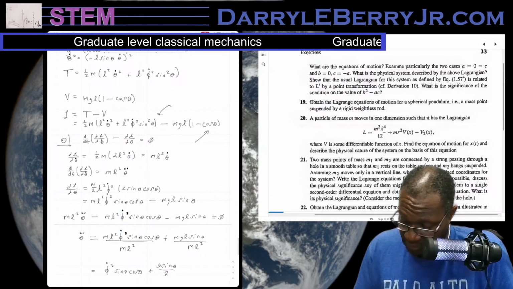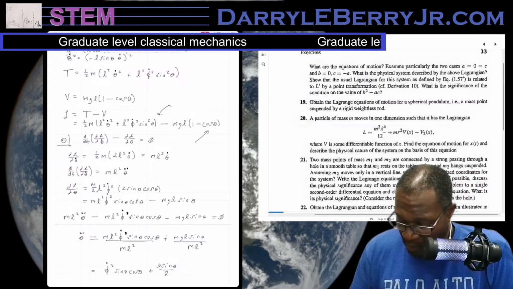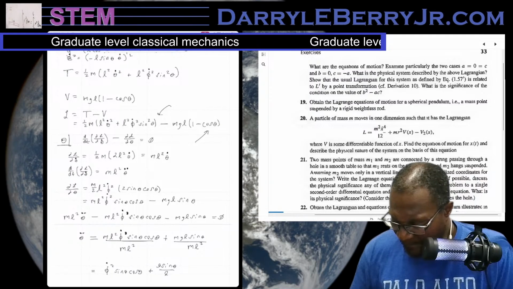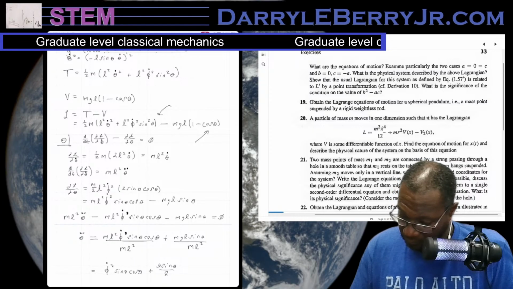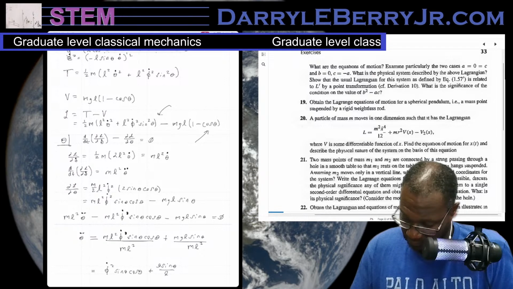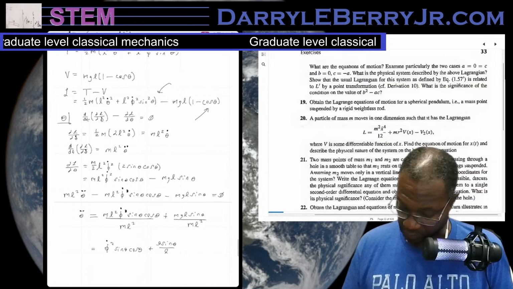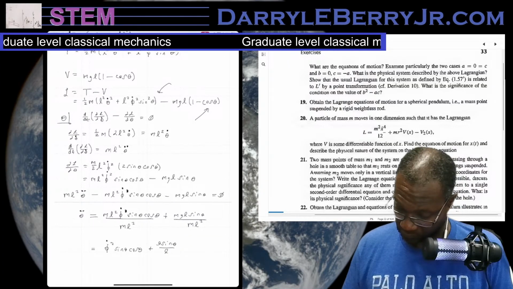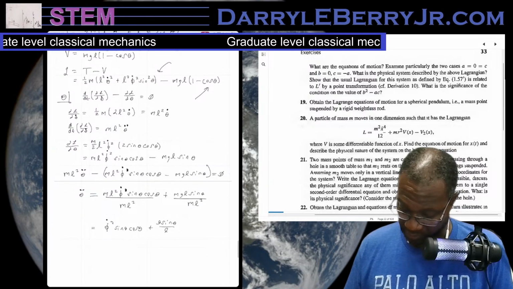Looks like I messed up my negatives here. That makes it positive. I'm going to take the derivative. That makes it negative. Oh, I have to subtract the whole thing when I subtract the second part.